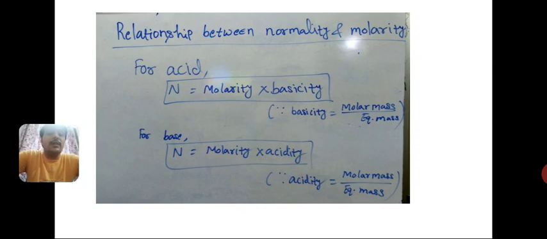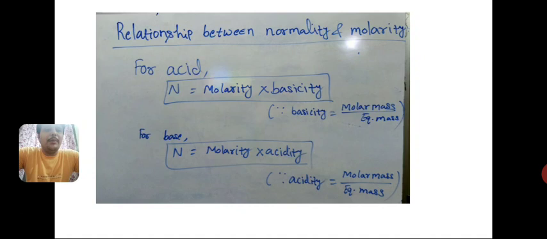So suppose students, for H2SO4, if its concentration in terms of molarity is 2 molar, and there is a direct question, what is the normality of a 2 molar H2SO4 solution? So what is the answer? Normality is equal to molarity into basicity, right?